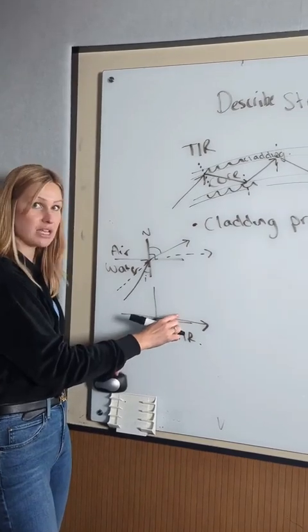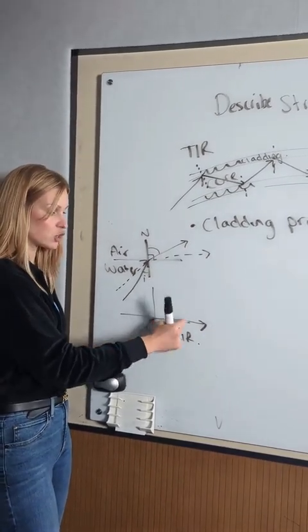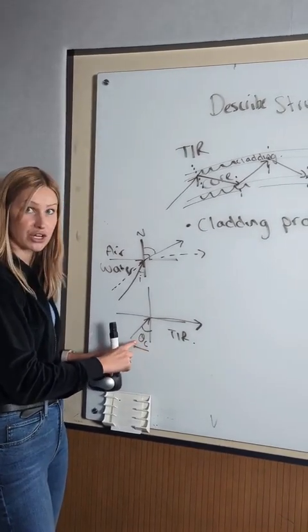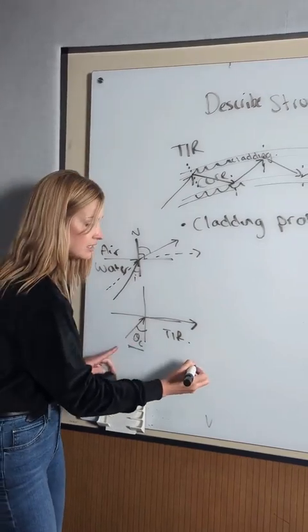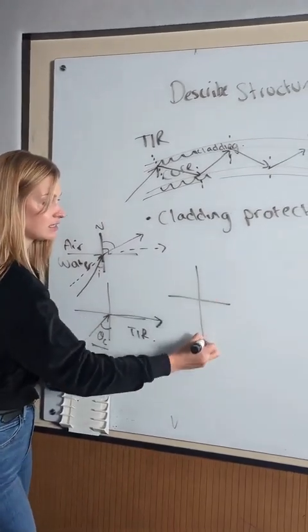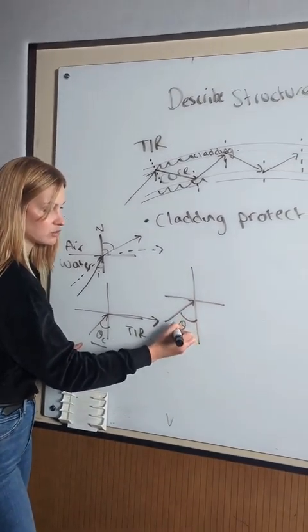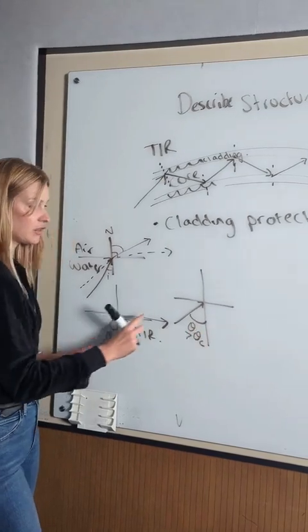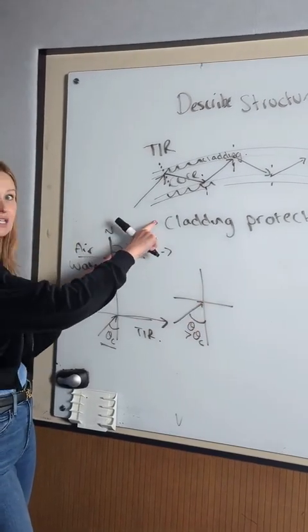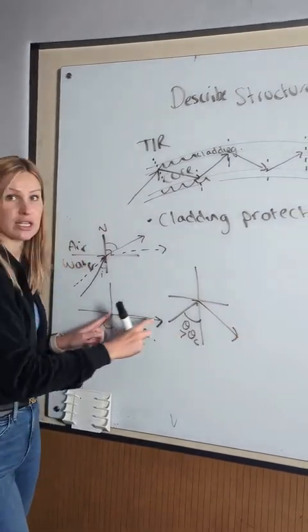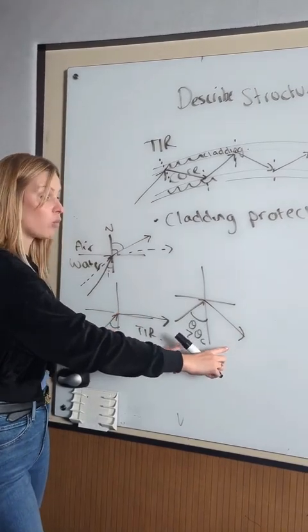If I want this ray to be reflected inside, total internal reflection, I need to use an angle greater than the critical angle. If I use any angle greater than the critical angle, the ray is no longer refracted out into the air. The ray is going to get totally internally reflected. And that's what I want.